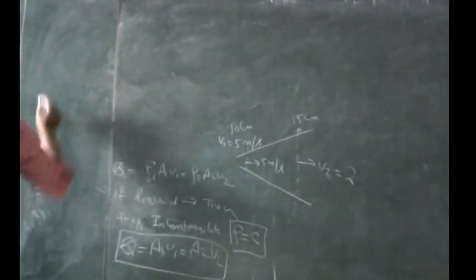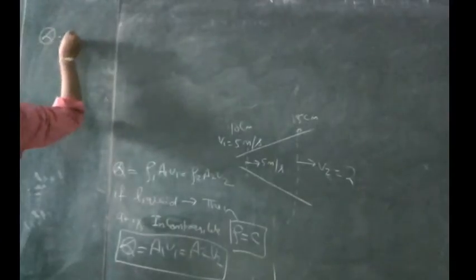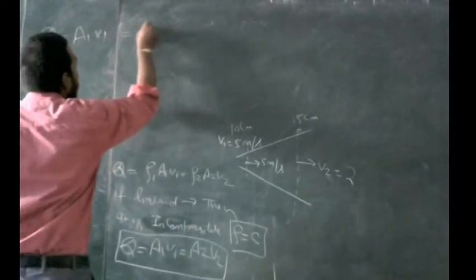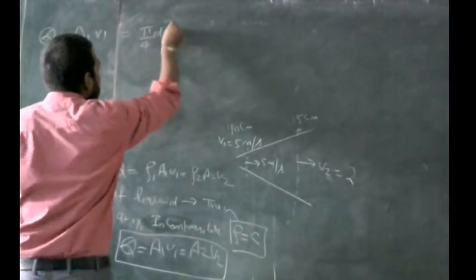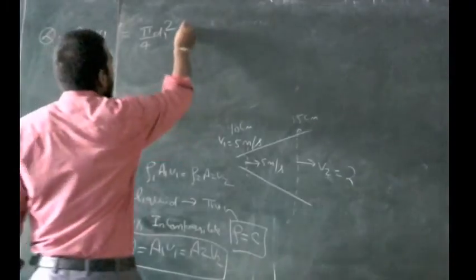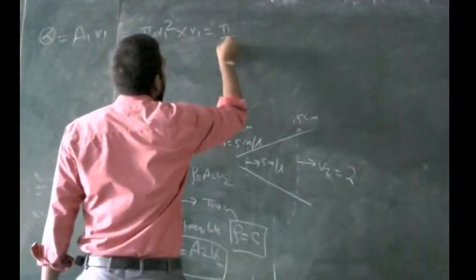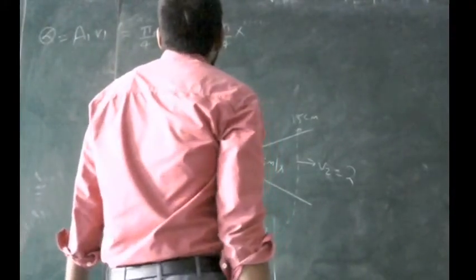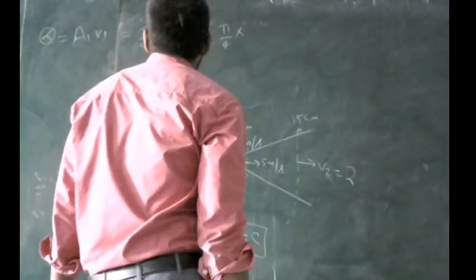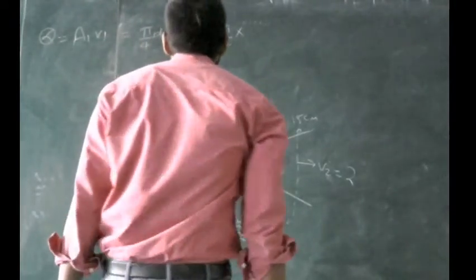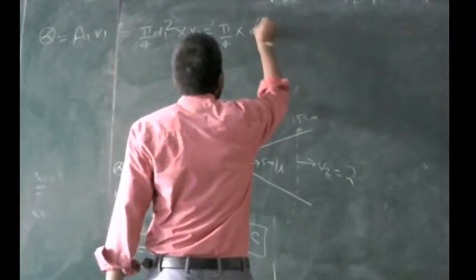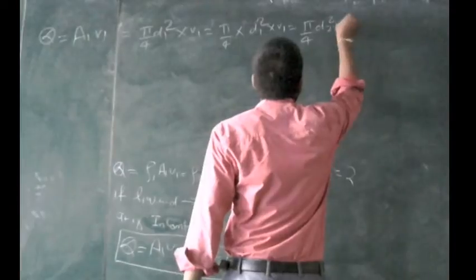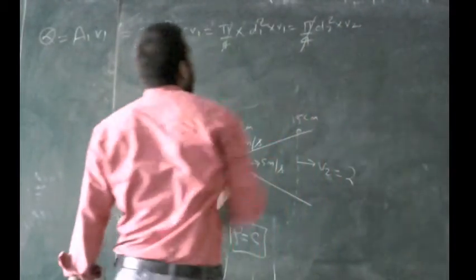Then Q equal to A1 V1. We can write pi by 4 D1 square into V1 equal to pi by 4 D2 square into V2. That cancels out.